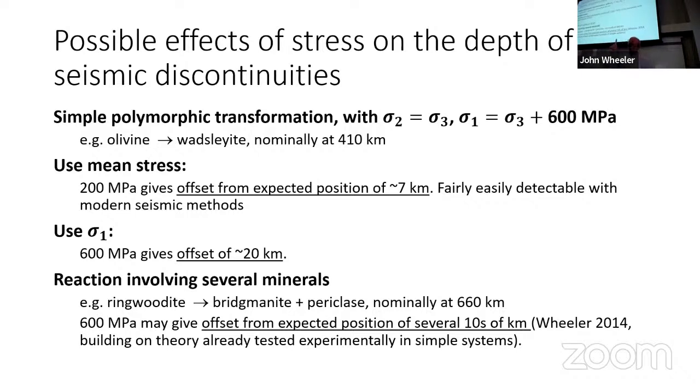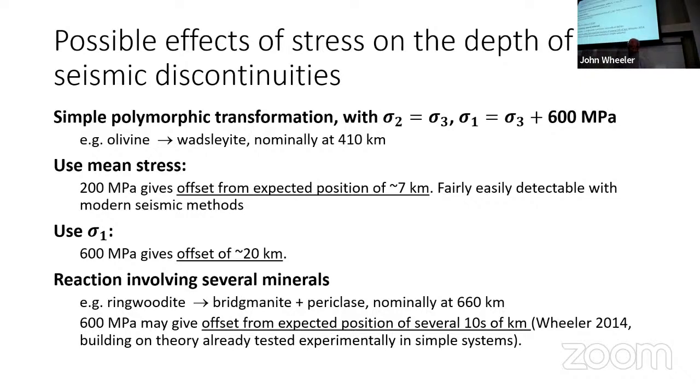If it turns out, as in the experiments of olivine going not to wadsleyite, to be fair, but to a similar mineral, if it turns out it's sigma 1, 600 will give you an offset of 20 kilometers. That's really in the range of these problems that are arising in mantle seismology. So it's got legs, that idea.